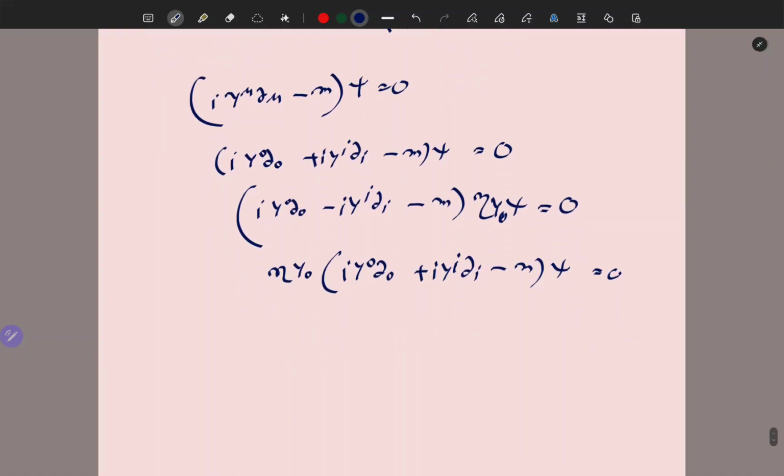Hence the Dirac equation respects parity, as expected from equation number 62.